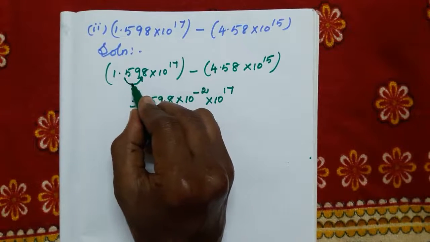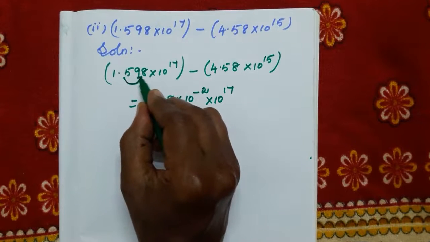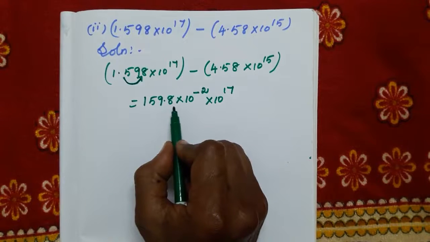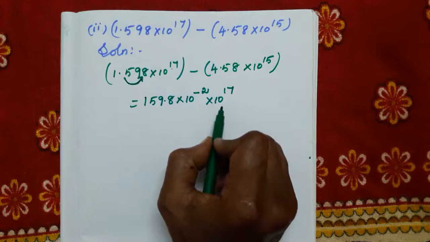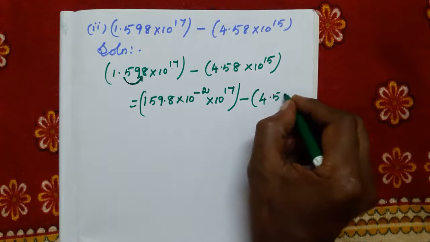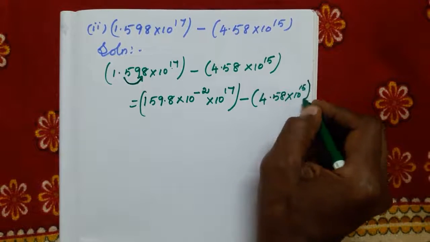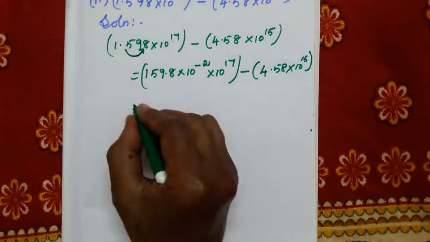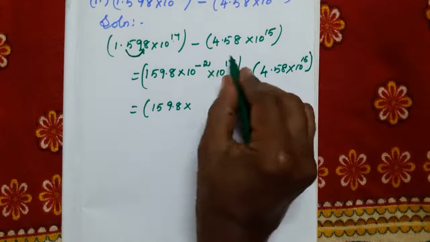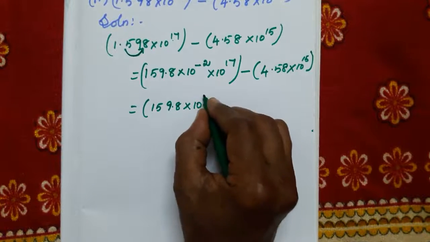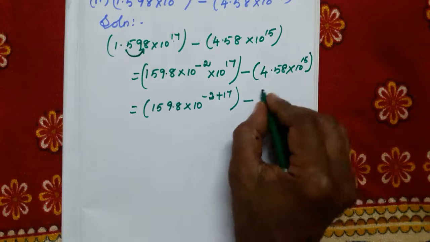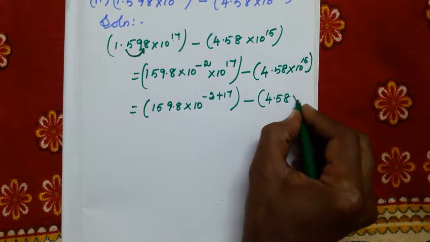So what we are getting? 159.8 into 10 power minus 2 into 10 power 17 minus 4.58 into 10 power 15. So here, 159.8 into 10 power minus 2 plus 17, minus 4.58 into 10 power 15.